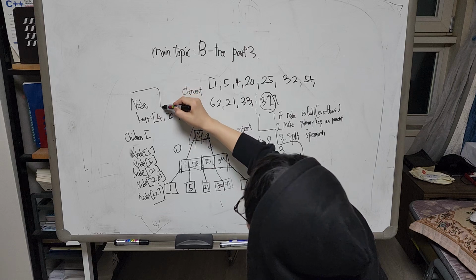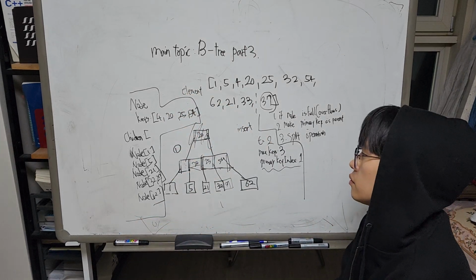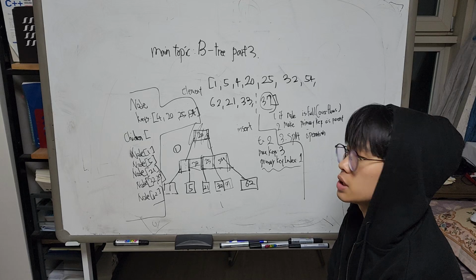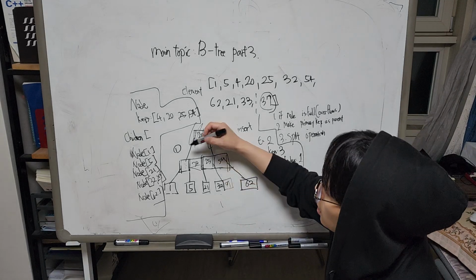So this is how you demonstrate the data structure in real code. There's no left or right variable in this B-tree. You just have to find the child using a while loop.